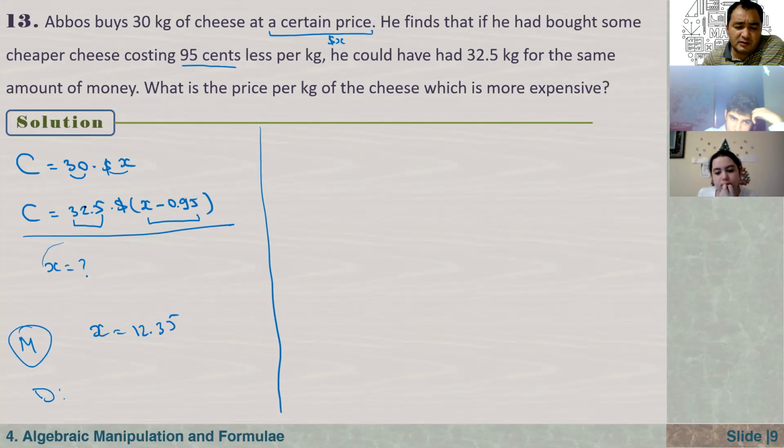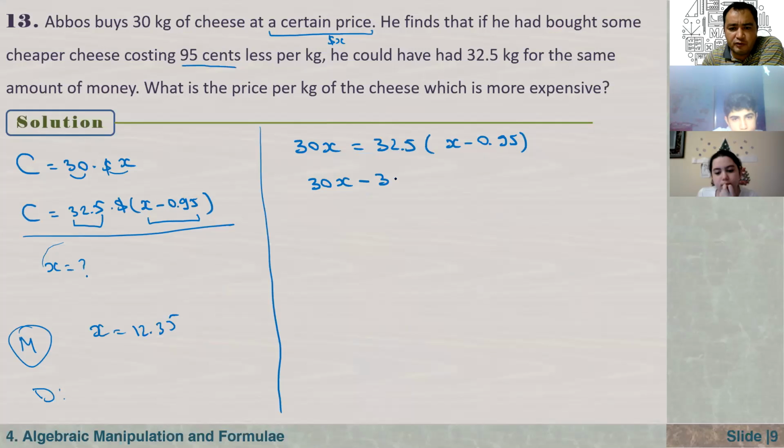Now, again, we get very similar equations. Left-hand sides are equal. So now we need to solve this equation. 30x is equal to 32.5 times (x minus 0.95). If you remove the brackets and take to the left-hand side, here we have 30x minus 32.5x.